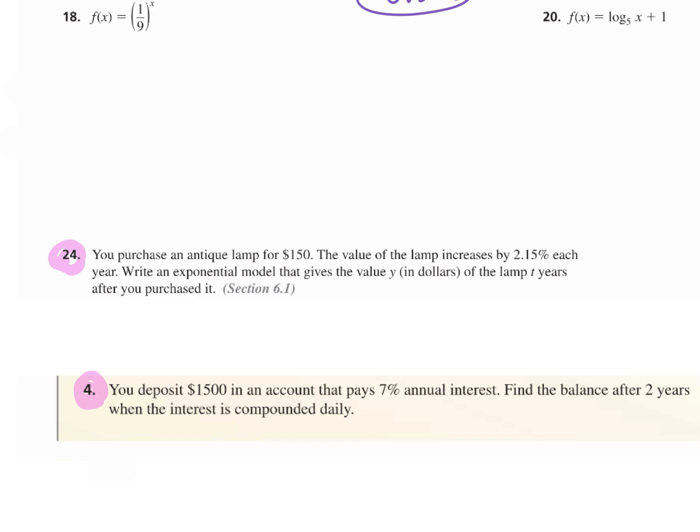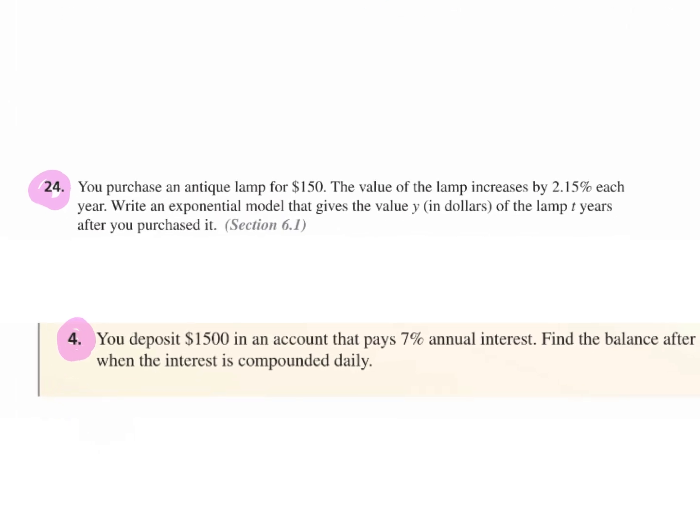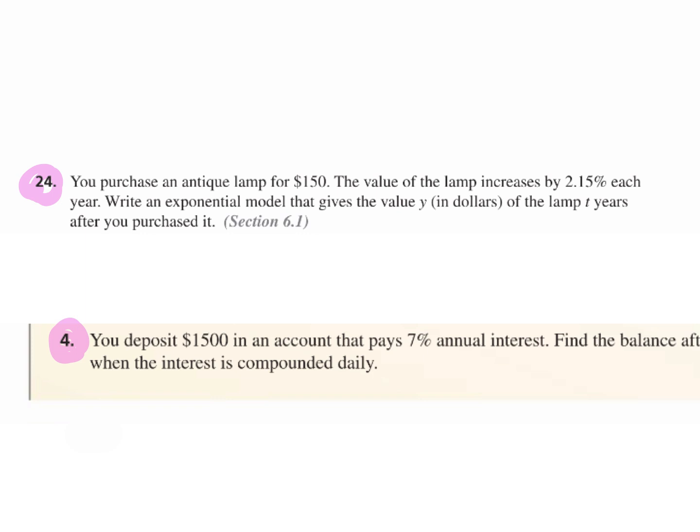Let's look at 24. So you purchase an antique lamp for $150. The value of the lamp increases by 2.15% each year. Write an exponential model that gives you the value y in dollars of the lamp t years after you purchased it.